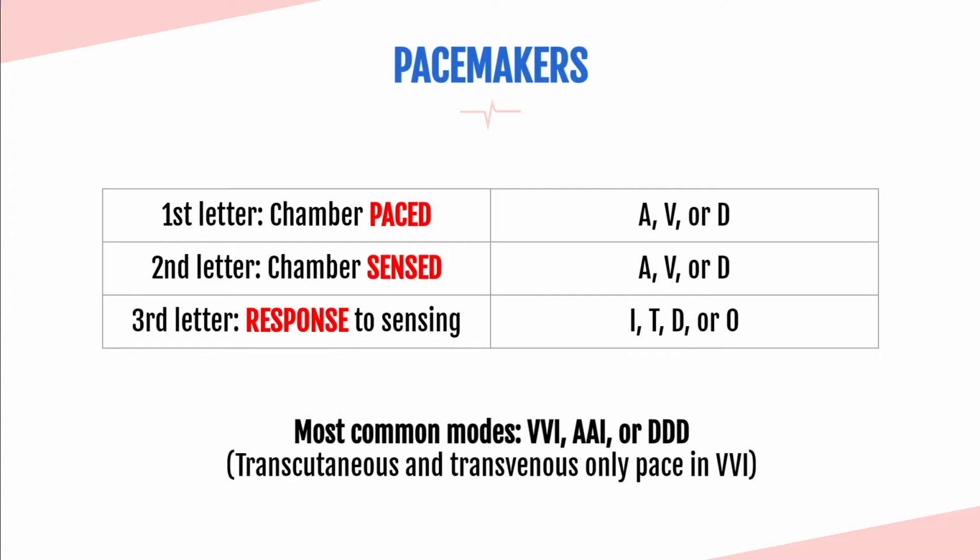So that means that if there is a ventricular activity that is sensed, the pacing is going to be inhibited and it will not fire at that time. So that makes sense, right? If the heart is beating and the pacemaker sees that, it will not fire at that time. Another thing of note here is that transcutaneous and transvenous are only pacing in VVI.